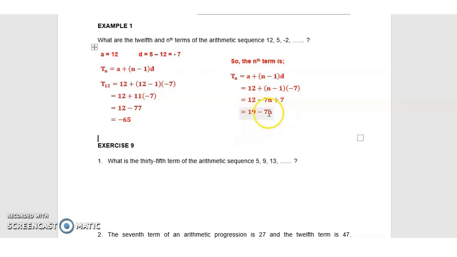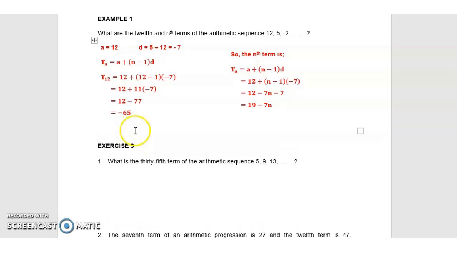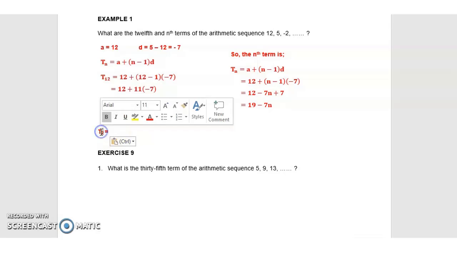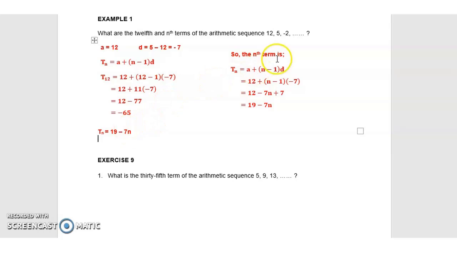So what is meant by 19 minus 7n? Look at this sequence. Let's say the second term, T2, equal to 5. We want to use this formula, the general term or the nth term for this sequence. We know that Tn equal to 19 minus 7n. We want to prove that T2 here equal to 5.